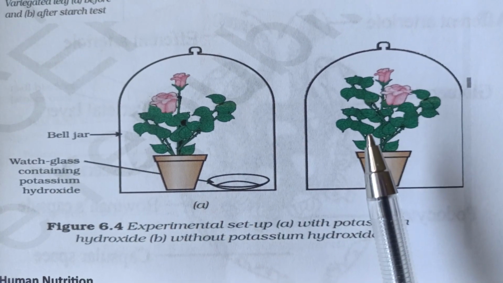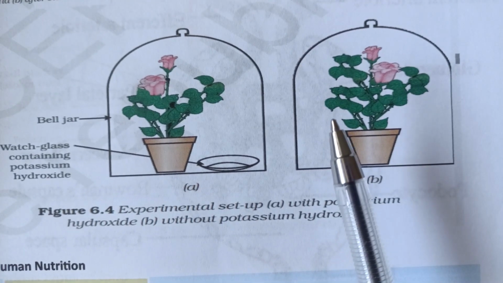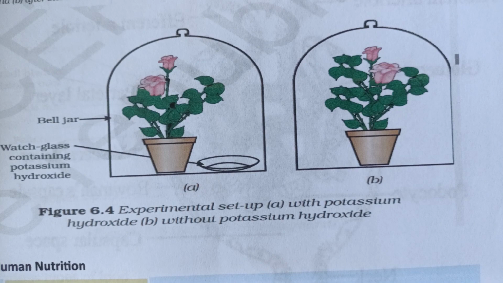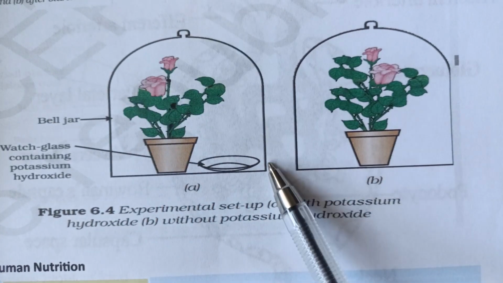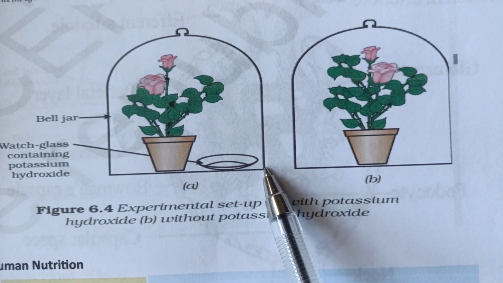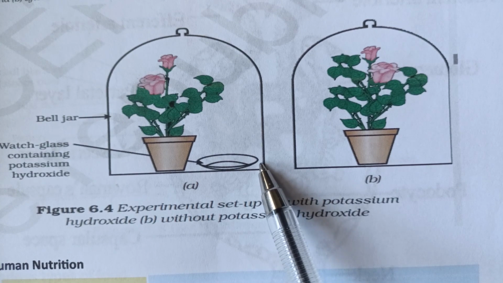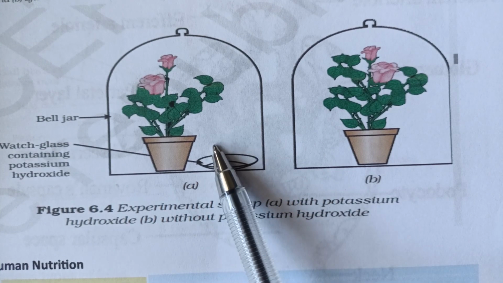And the potassium hydroxide, you might remember, absorbs carbon dioxide. Cover both the plants with separate bell jars so that you can observe from outside. And they want us to seal the bottom of the jar with some Vaseline, so there is no escape of oxygen or carbon dioxide from these bell jars.